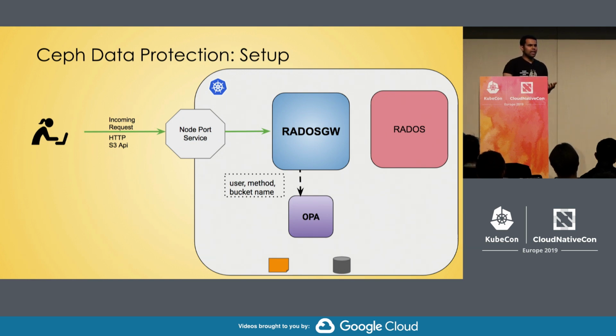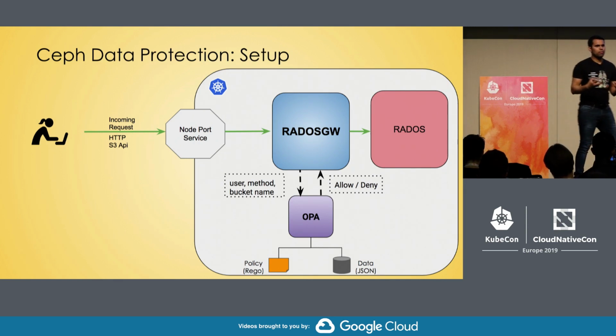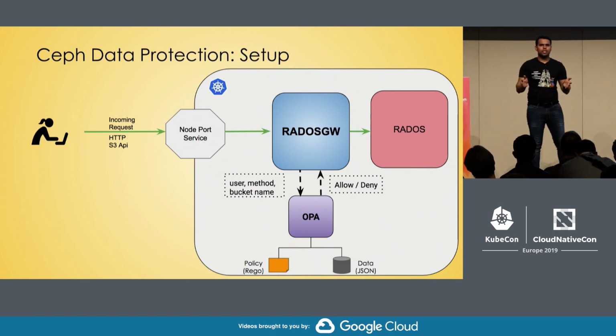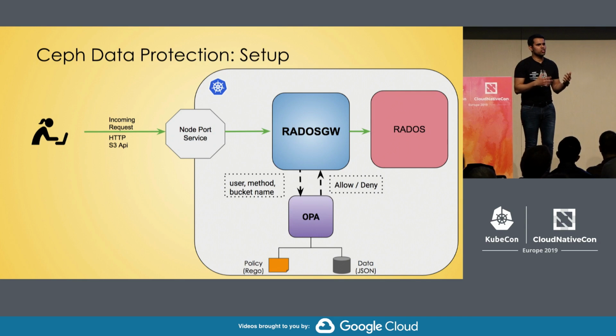And so OPA, again, is going to evaluate this query based on the policies and the data it has access to, and send a decision back to the gateway. And depending on if it's an allow or deny, the data will then be fetched from the object storage. And so again, here the high-level goal is the same, that we are trying to decouple the policy enforcement from the policy decision-making.